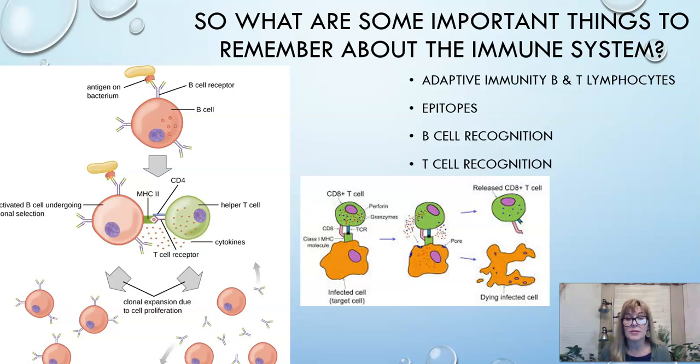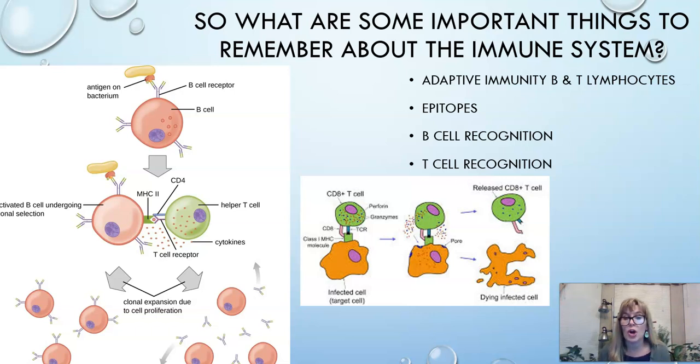So T cells will often bond to an antigen presenting cell, and an antigen presenting cell is a cell that has become infected. It has taken parts of that infectious particle, chopped it all up, and is presenting it on the outside of its cell membrane on these things called MHC markers.